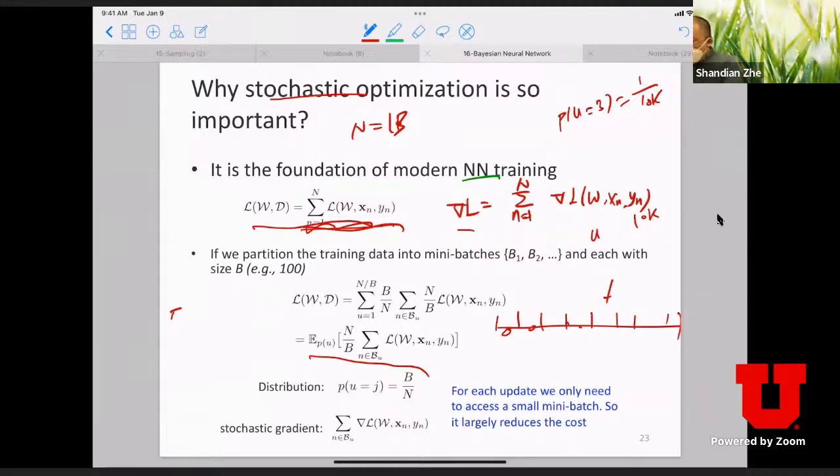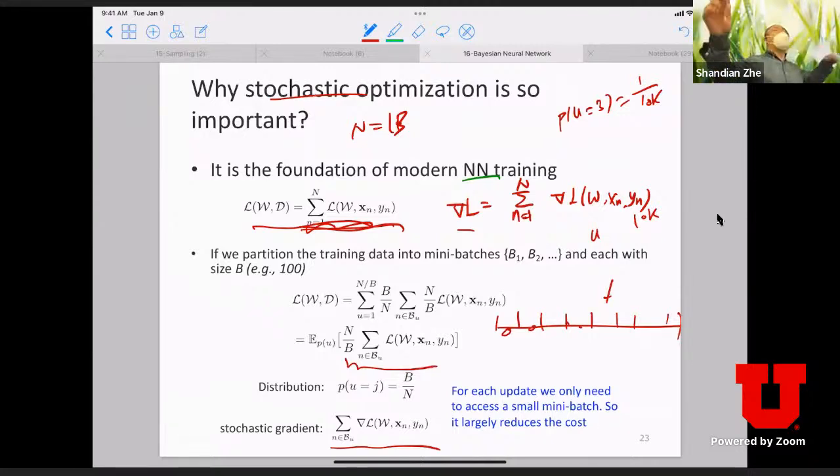So now we can view our total loss as an expectation of the reskewed loss over the random mini batch. Now, each time, as we mentioned in the stochastic optimization, I don't need to calculate the exact loss. I just need to calculate a stochastic loss, which is on a particular mini batch, because computation on a mini batch is much, much cheaper than computing on the entire data set.